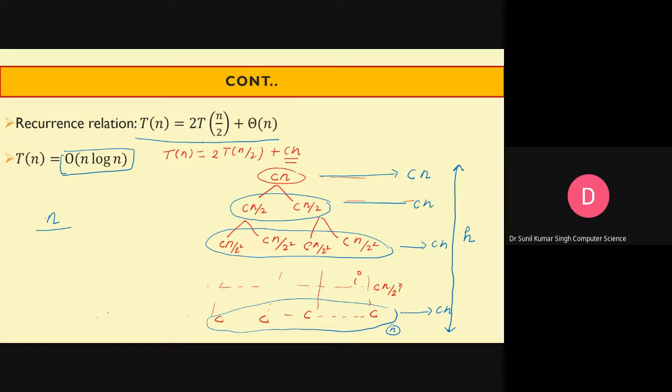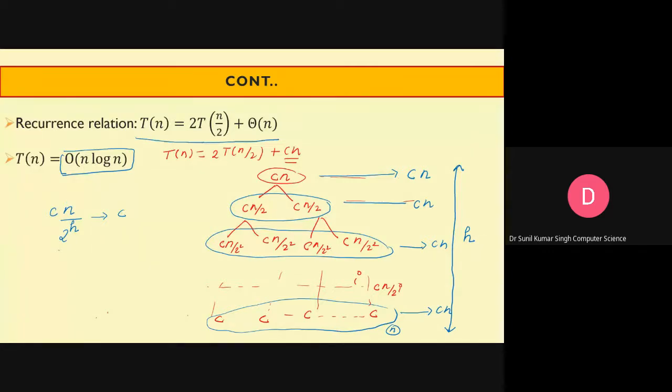a cost c. So here, let me write it in a more appropriate way. So guys, you can see here c n divided by 2 raised to the power h, and it is tending to c, because this portion is going to be equal to 1.